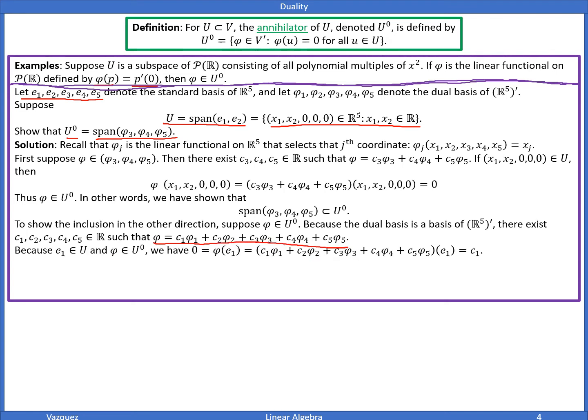Well, because E1 is in U and phi is in the annihilator of U, we have that 0 is equal to phi of E1, which is simply, again, this is phi right here, as we stated on the line above, and then of E1.